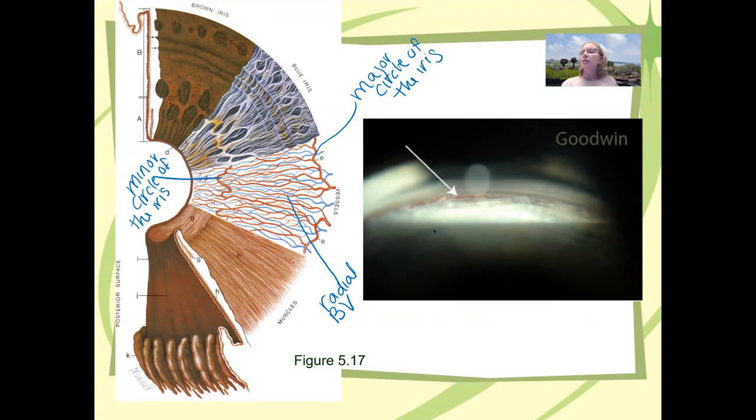Now, occasionally, if you look at the anterior chamber angle, the area where the iris meets the ciliary body, you can see the major circle of the iris, or at least parts of that. And that's what this blood vessel is showing here, part of the major circle of the iris.